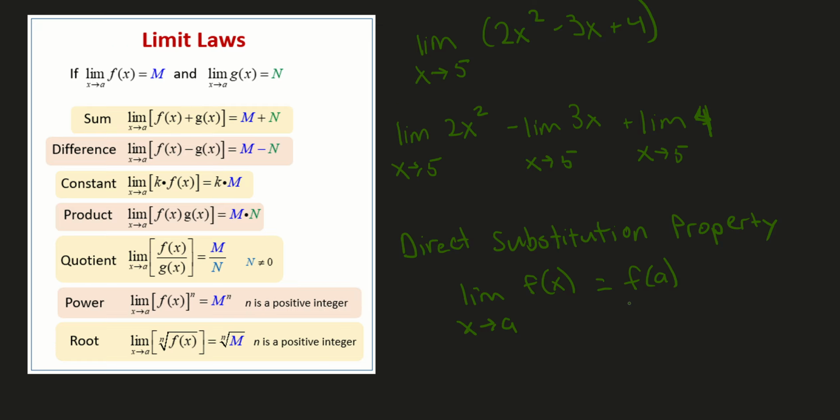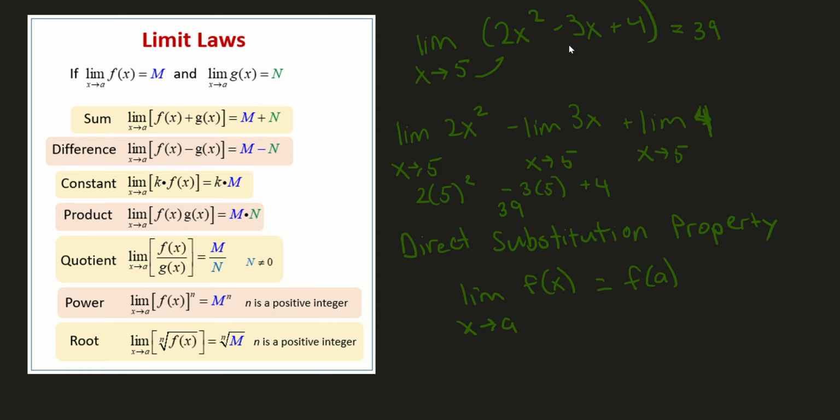And this is going to be a little tricky because we'll see some problems it works beautifully. So in this example up here, what it's saying is you can just plug in 5 into here. So that's going to be 2 times 5 squared minus 3 times 5 plus 4. Do a little bit of simplification here. That'll give me 39. And so that's what this limit up here is equal to, is 39. All I did was plug 5 into x's here and here.